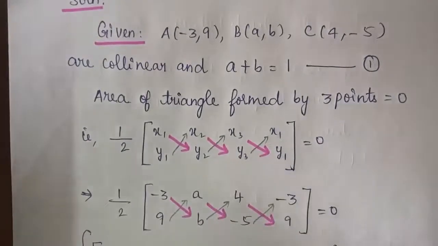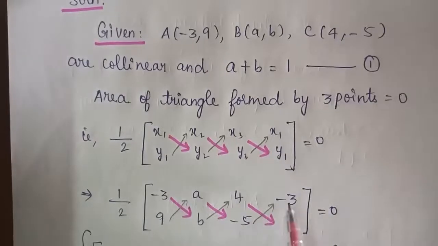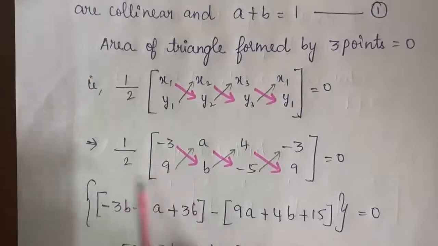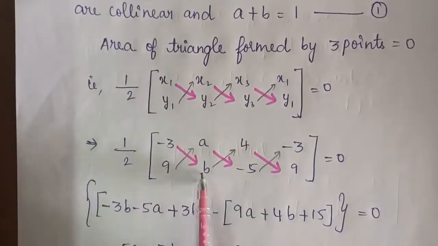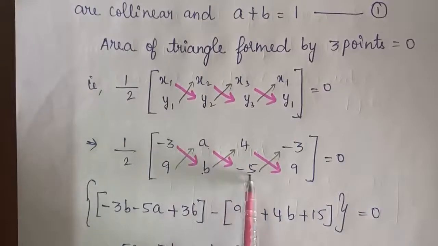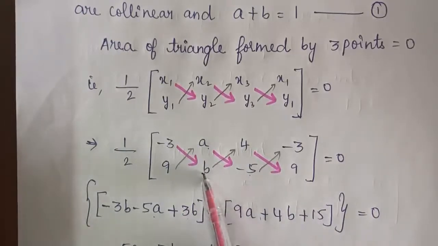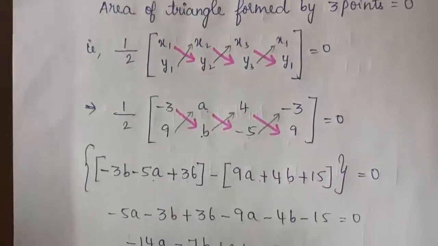So next you substitute the values of x1, y1, x2, y2, x3, y3 and again x1, y1. If you are taking minus 1 by 2 to this side, it will become 0. Minus 3 into b is minus 3b, a into minus 5 is minus 5a, 4 9s are 36, minus 9 into a is 9a, b into 4 is plus 4b, minus into minus plus 5 3s are 15, which is equal to 0.